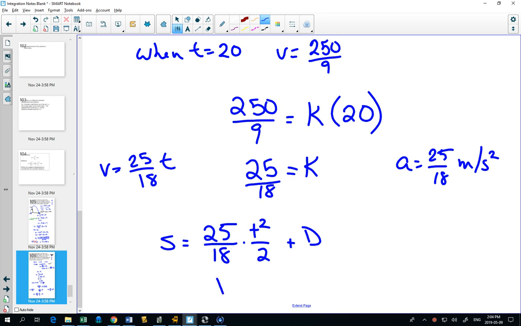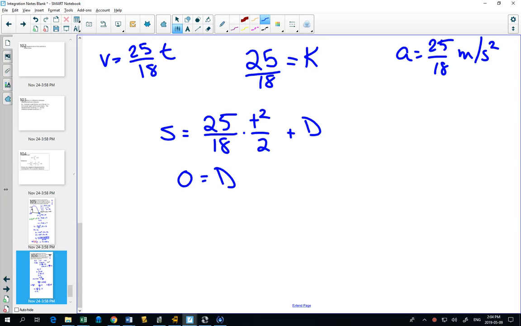And again, since our initial displacement is 0, we know that d is equal to 0. So our displacement formula is 25t squared over 36. How far did it travel in 20 seconds?